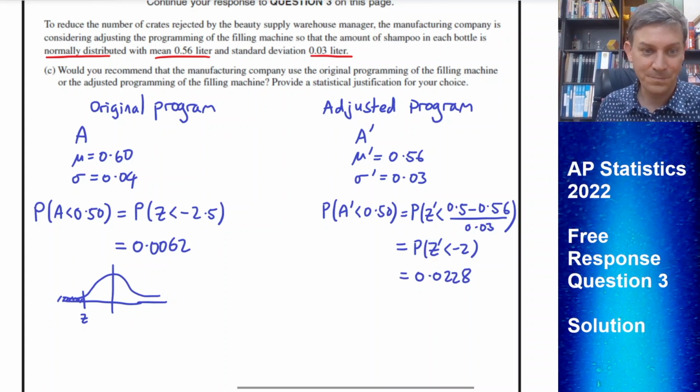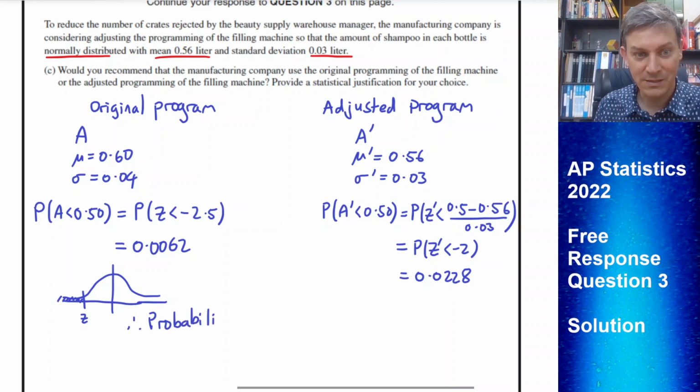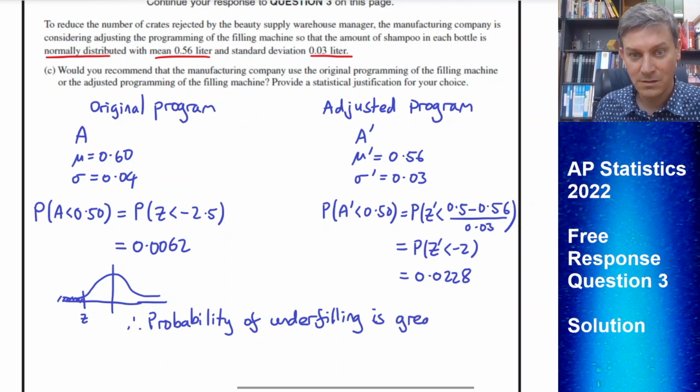Okay, so therefore, I would say that the probability of rejection, or probability of underfilling, is greater with the adjusted program, and therefore the original program is better.